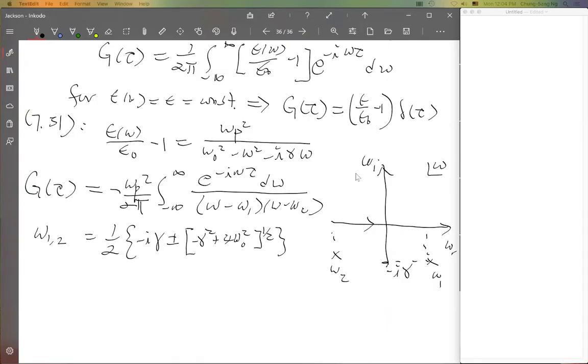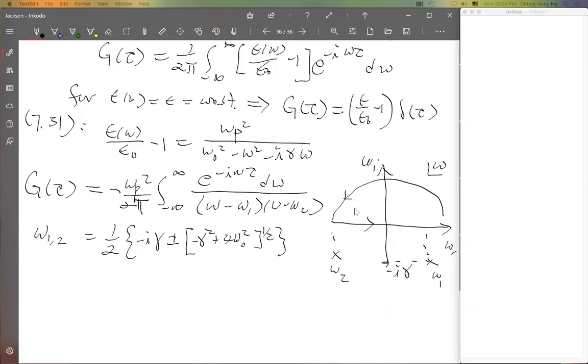Omega has a real part and imaginary part, and when you close it along a semicircle, if omega has a positive imaginary part omega I, then i times i is negative. So the whole argument of the exponential function is negative, and the contribution from this big circle is 0. So you can close it there.